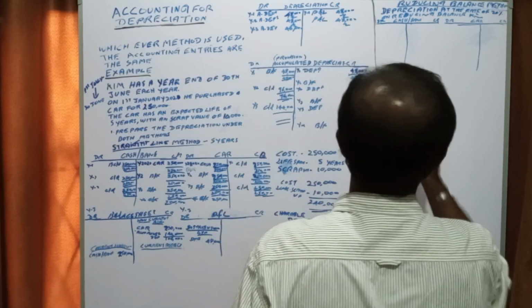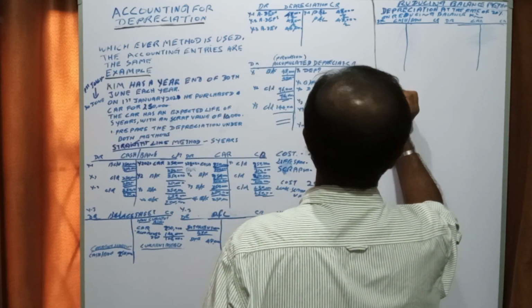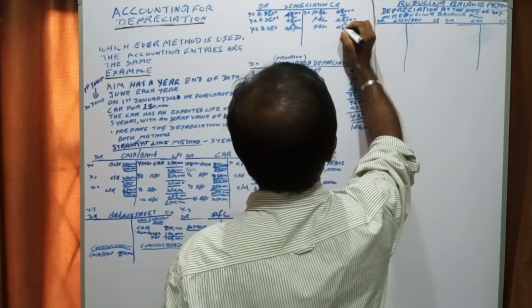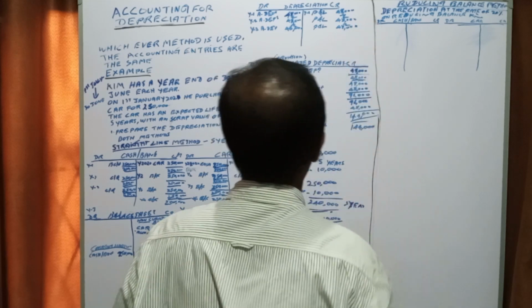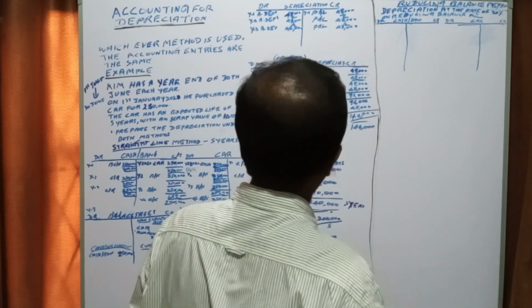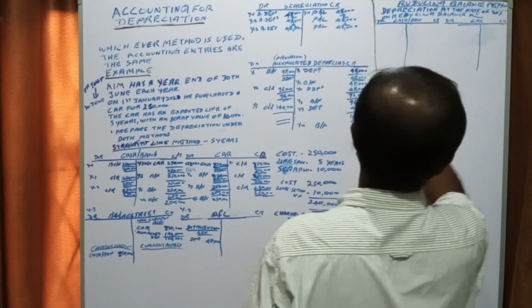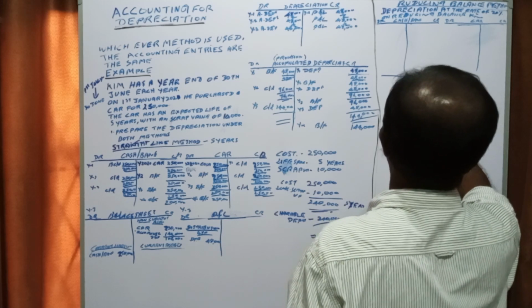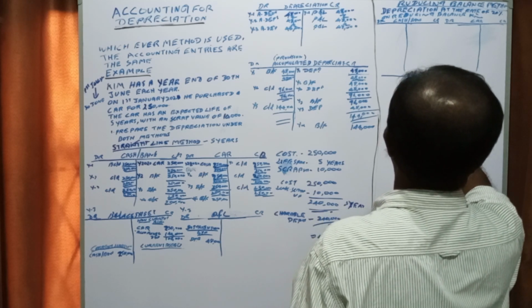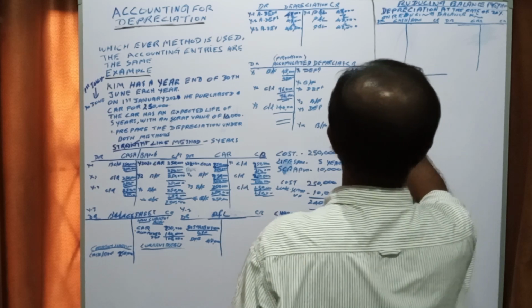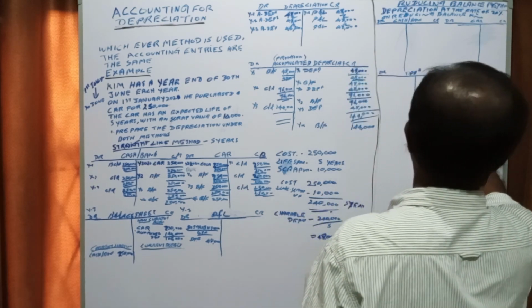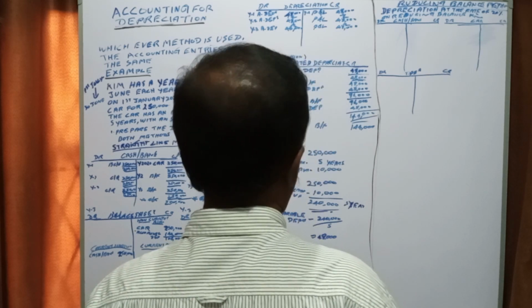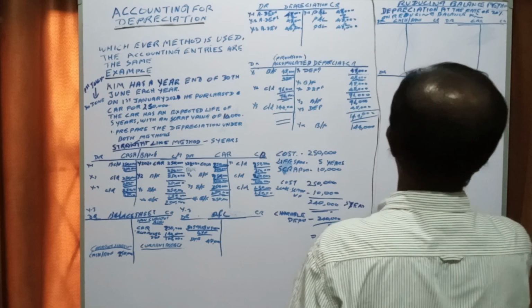Other one is the depreciation account, debit and credit. Other one is accumulated depreciation.